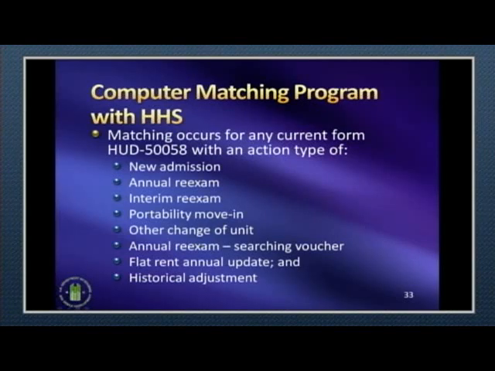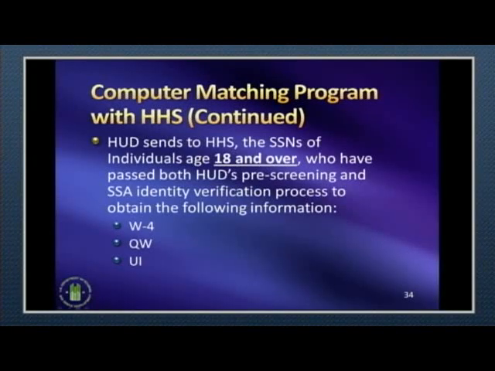Okay, our computer matching with HHS is similar to the SSA process. However, please keep in mind that our HHS match is contingent upon the match results from SSA. What I mean is that if an individual does not pass the SSA identity test, we're not going to match that information with HHS because we know there's a problem with the personal identifiable information.